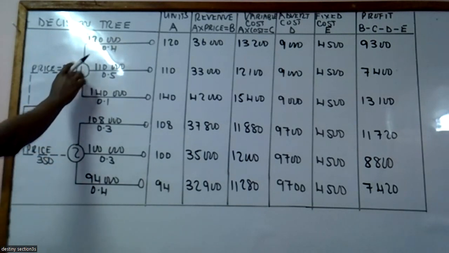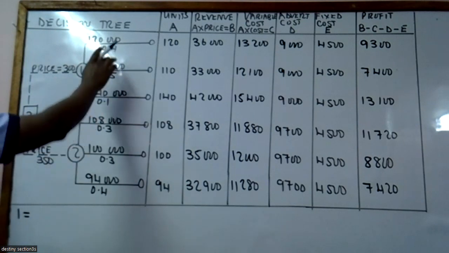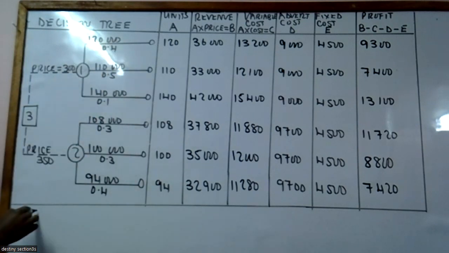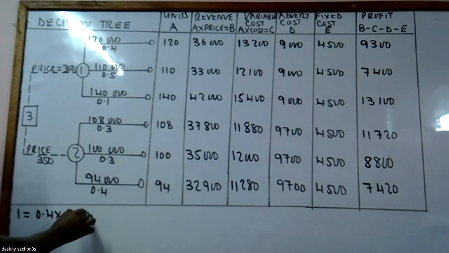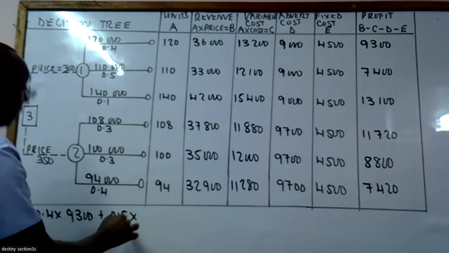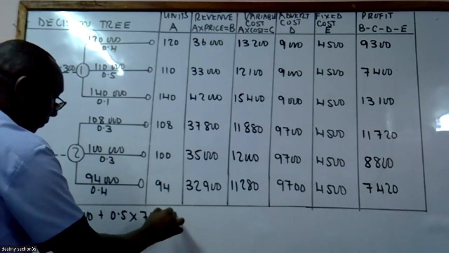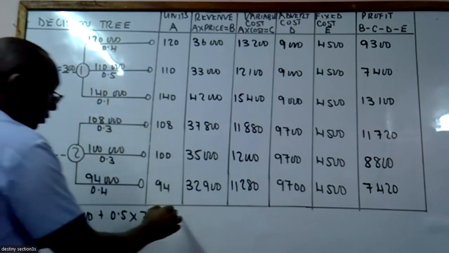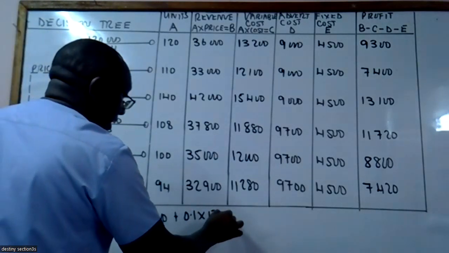For node 1, you simply take this probability here, 0.4, multiplied by the value at the end there, 9,300, plus 0.5 multiplied by 7,400, plus 0.1 multiplied by 13,100.